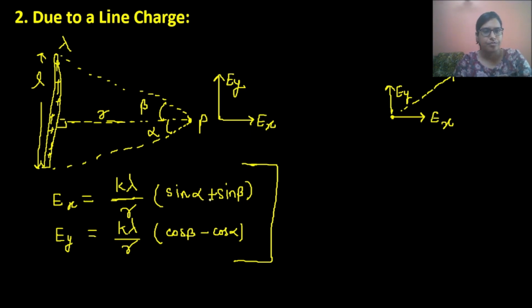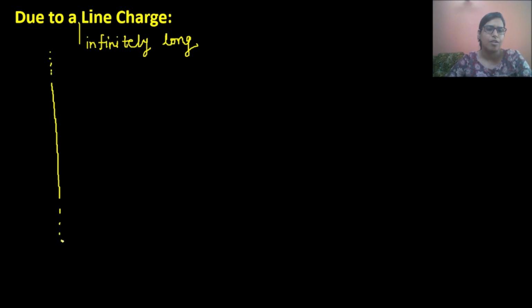Now if this line charge is infinitely long, suppose there is a line charge which is infinitely long, then the electric field at a point P, Ex will be k lambda upon r, sin alpha plus sin beta.